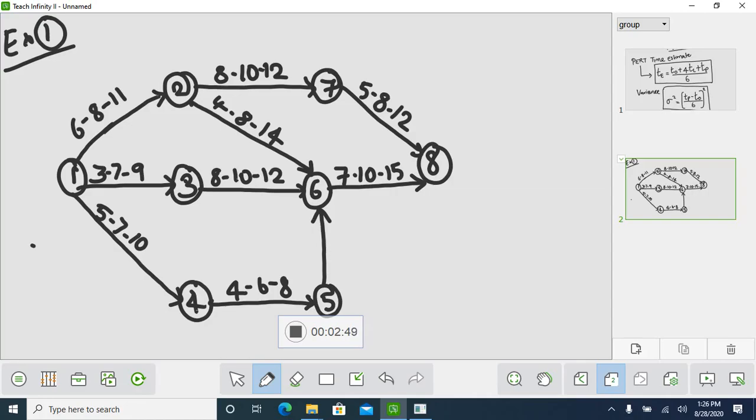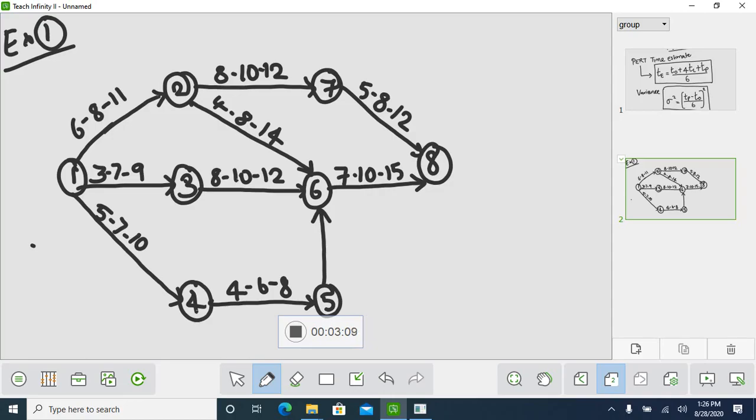Example problem 1. So this is your question. We have to identify how many paths are there in this problem and which path is more critical. So we have to find what the paths are, and determine the expected time and the critical paths. So this is your network diagram.